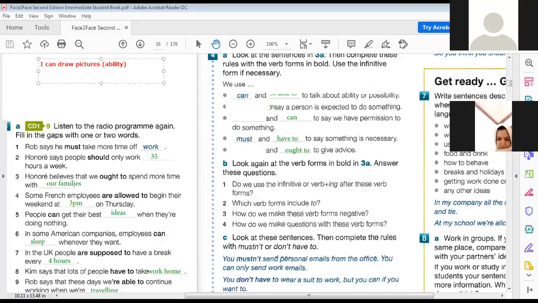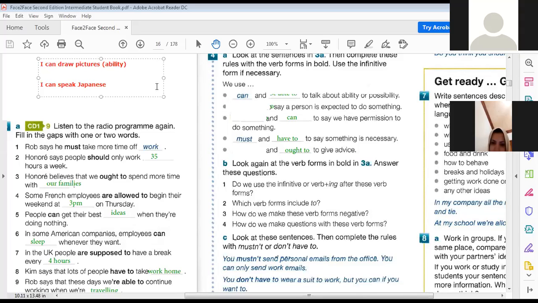Yeah, but I want it with can. Can you answer, please? Yeah, I'll answer it. I'll give you an option. Here's the option. For example, I want you to tell me which one is ability and which one is possibility.